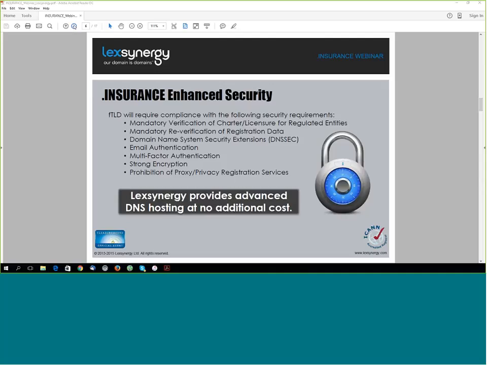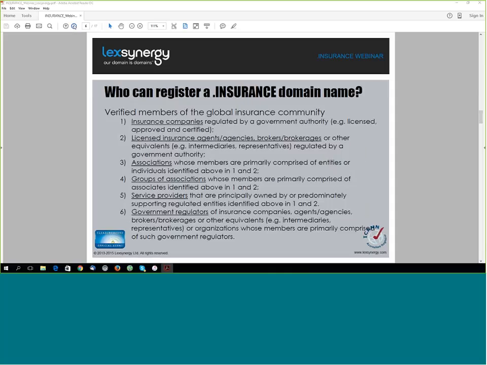That includes DNSSEC, DMARC, and everything else that you require to use that domain name. It helps with the process and allows you to use it much sooner than trying to bring on third parties, although the system does allow third-party vendors to come on board if they can provide those technical resources.